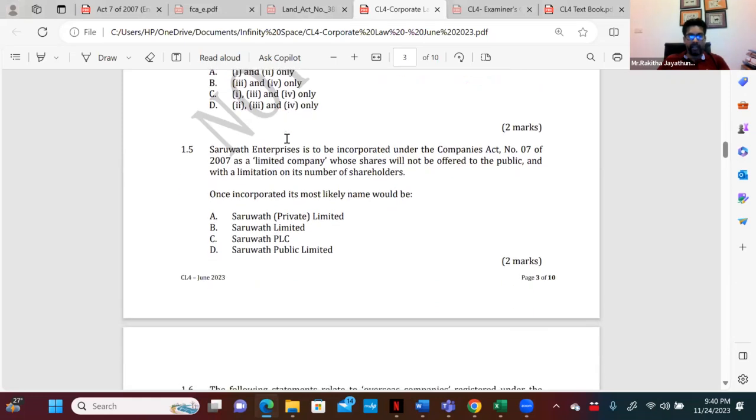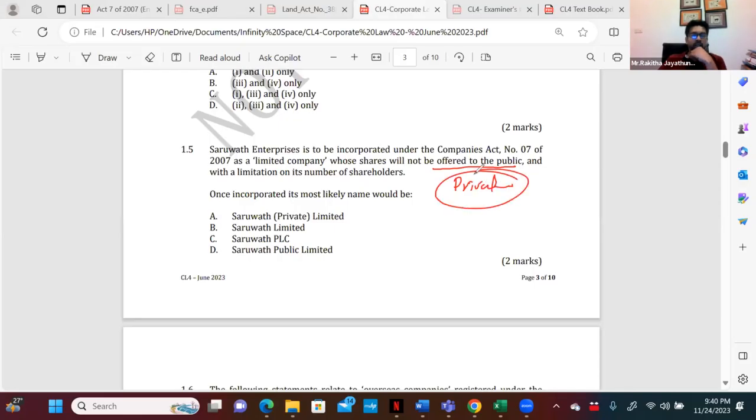Right. The fifth one: Sarwat Enterprises is to be incorporated under the Companies Act number 7 of 2007 as a limited company whose shares will not be offered to the public. If you are not offering it to the public, then what should the company be?